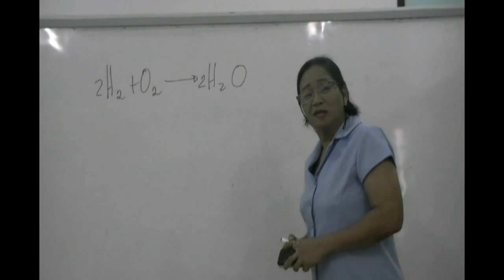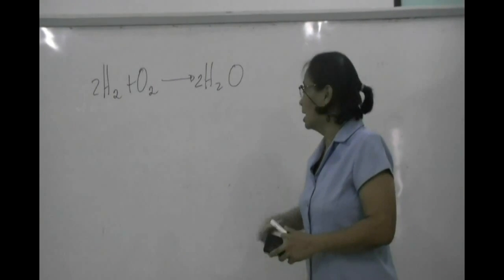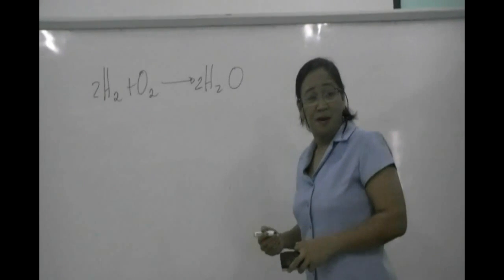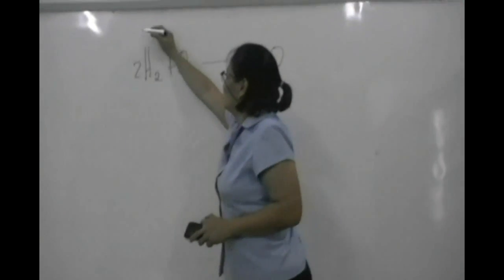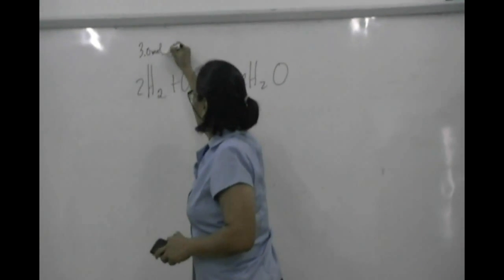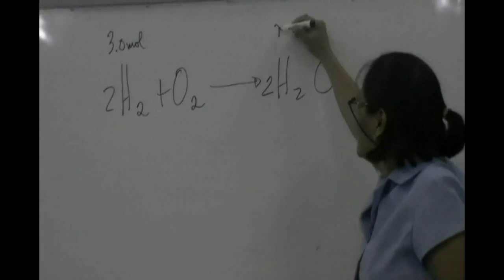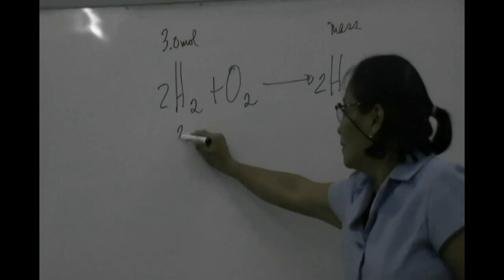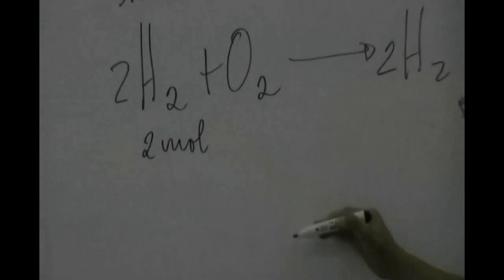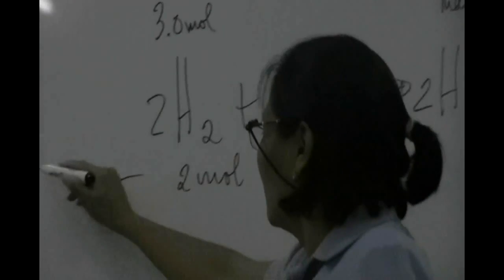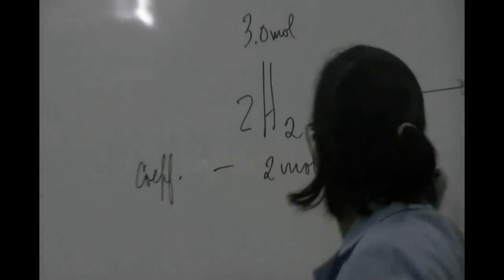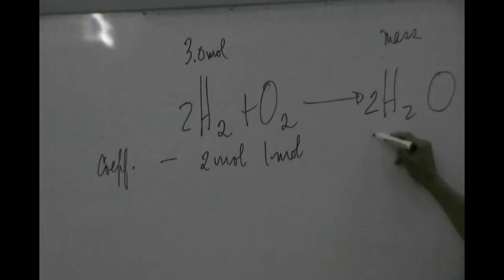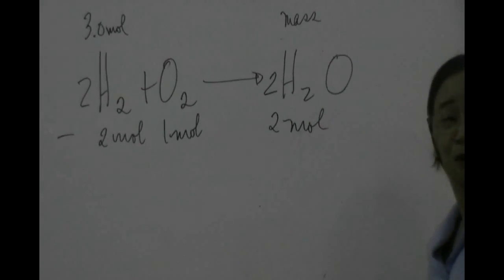To balance the equation, you need to put 2 before hydrogen and 2 before water. The given was 3.0 moles of hydrogen, and we're looking now for the mass of water. For the balanced equation, we have 2 moles of hydrogen, 1 mole of oxygen and 2 moles of water.